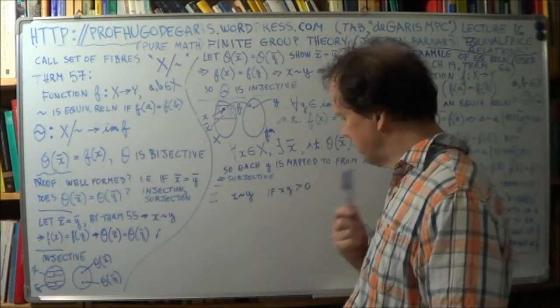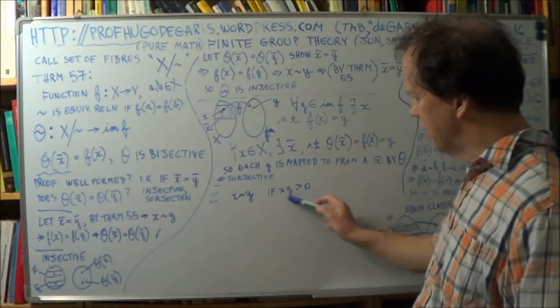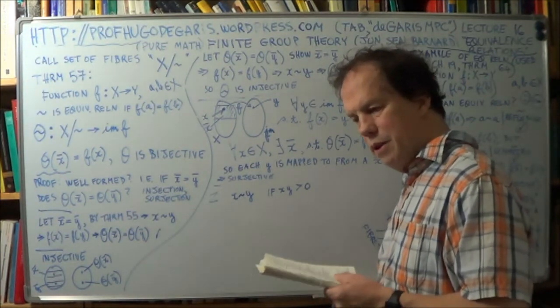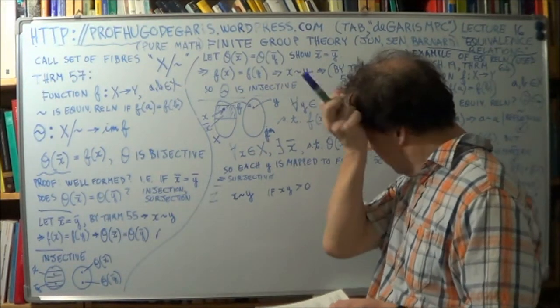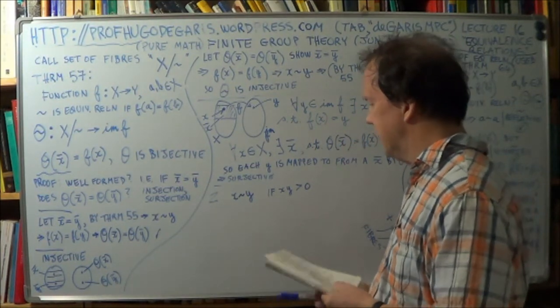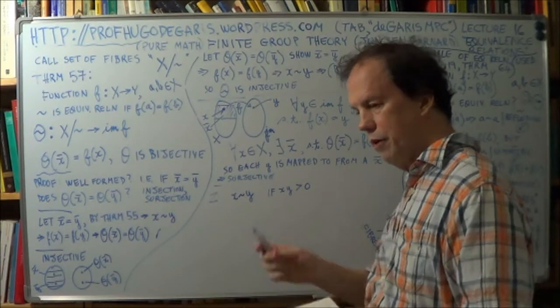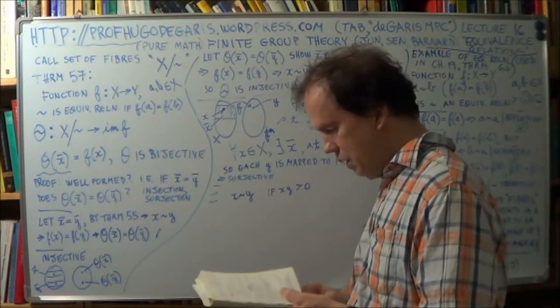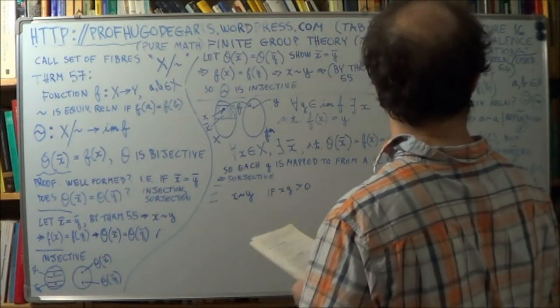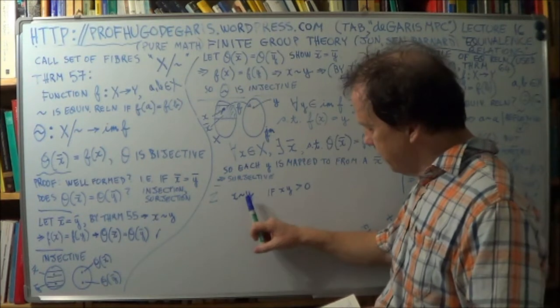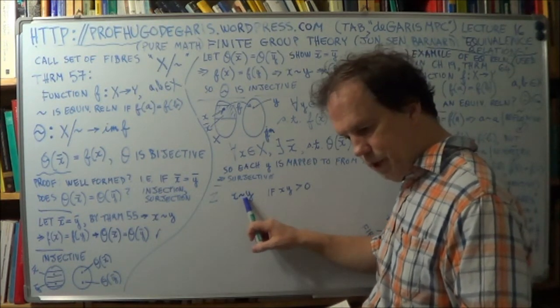Does that even make sense? This restriction here is making me suspicious. So maybe you can find a counterexample where that's not true. We're trying to prove that this relation is an equivalence relation.